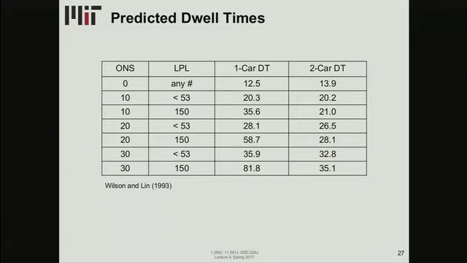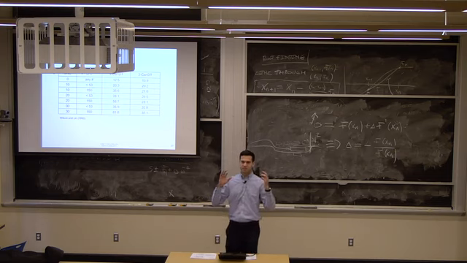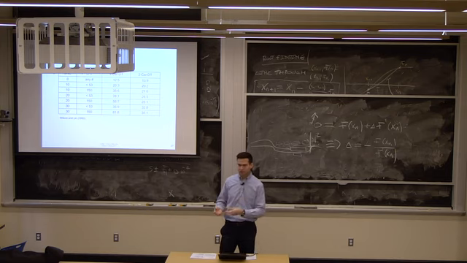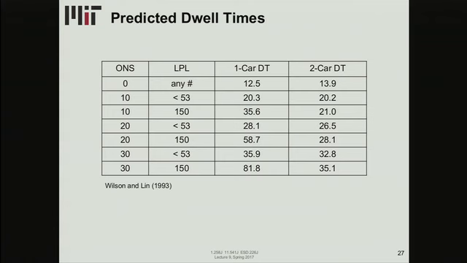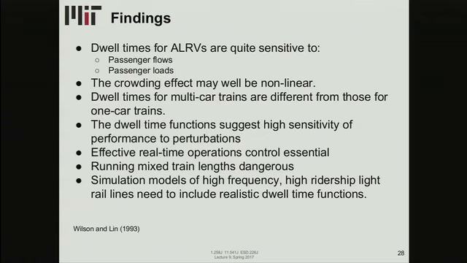So all of this is to show you that you have some ideas about what controls dwell time. You test your hypothesis on the data. You can try different things. These are just examples. So the findings from that research: dwell times were quite sensitive to flows and loads. The crowding effect might be nonlinear.